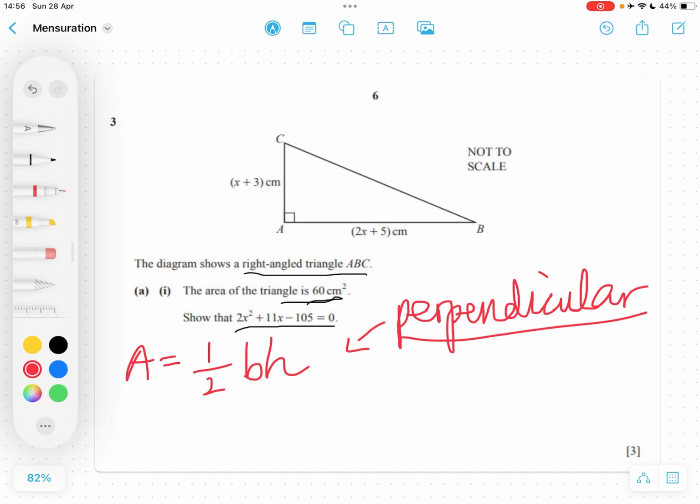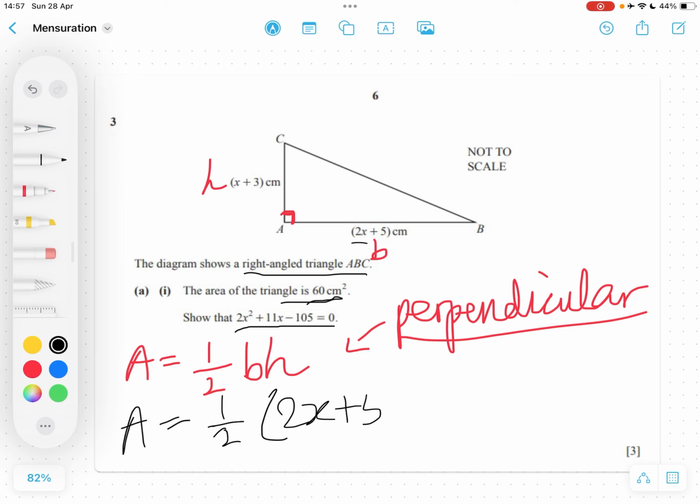But we don't have to worry about that here since it's given to us that this is a right angle triangle. So all we have to do now is label the sides, base and height. So AB is the base and AC is the height. And now we can just substitute that in. So the area is equal to 1/2 times the base, which is AB, 2x plus 5, and the height, which is AC, x plus 3.